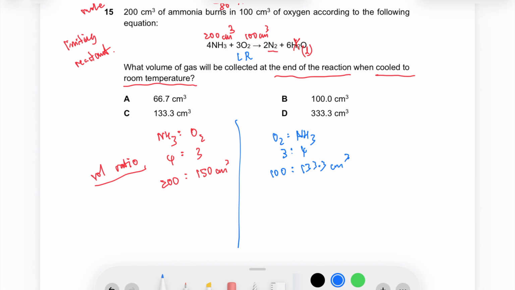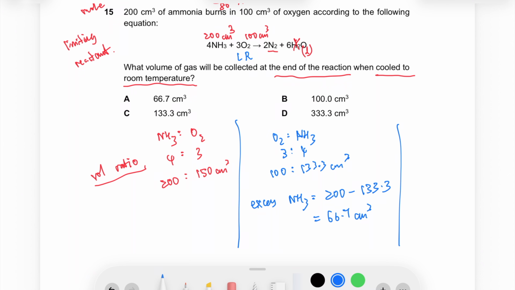Okay, so the amount of excess NH3 will be 200 minus 133.3. Okay, so there will be some remaining ammonia, 66.7 cm cube. Okay, and don't forget, so now you must calculate N2 as well.